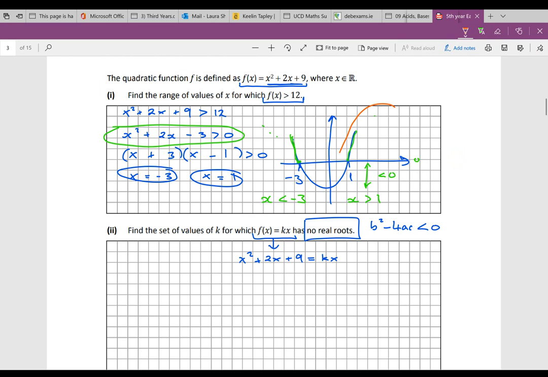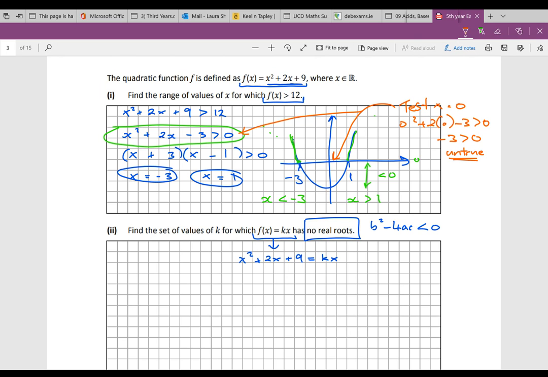Alternatively, I can use my test. So test x is equal to 0. So x equal to 0 is inside the region, and I'm testing it off this one. So 0 squared plus 2 times 0 minus 3 is greater than 0. Minus 3 is greater than 0 is untrue. That doesn't work.